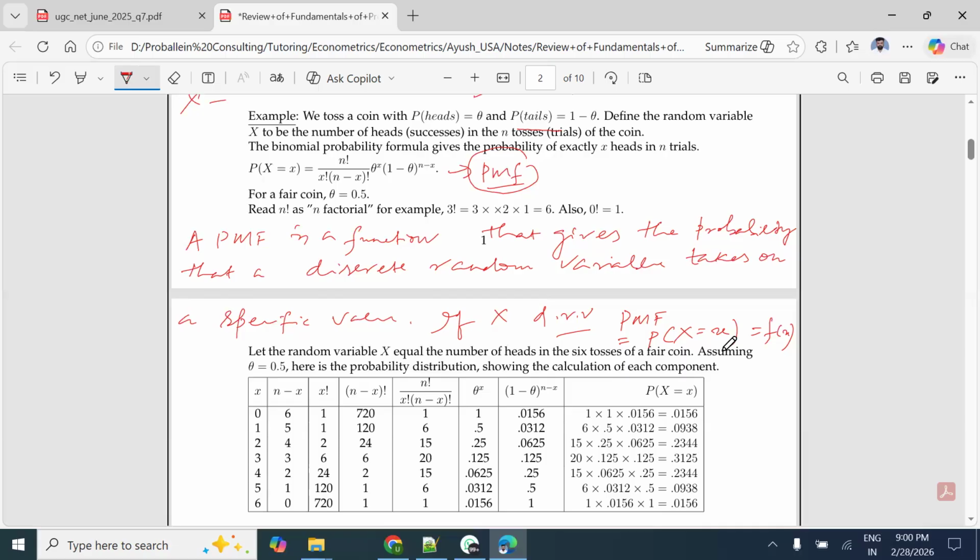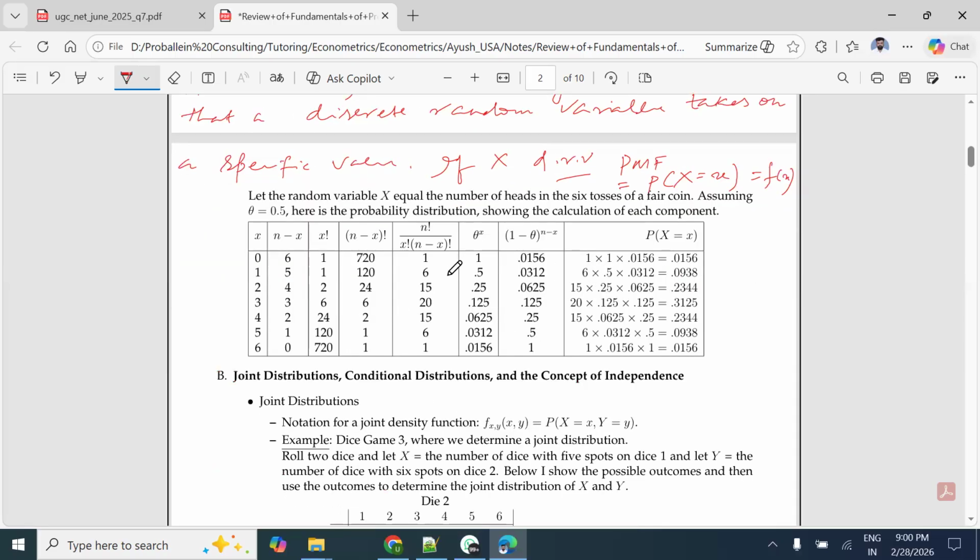Suppose, for example, you remember the experiment I told you, tossing a fair coin twice. If we take X as the number of heads, the possible values will be 0, 1, 2.